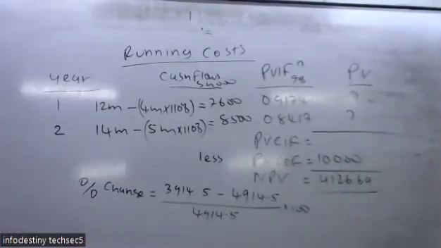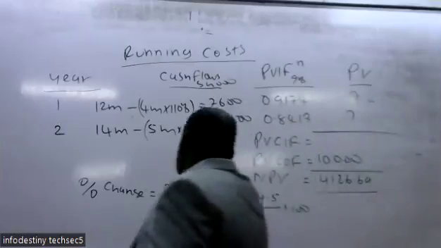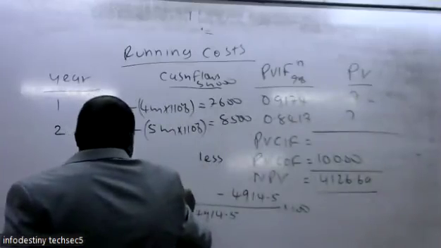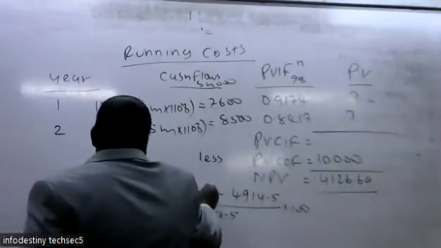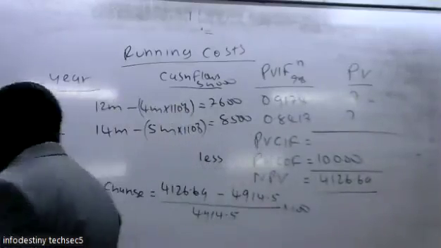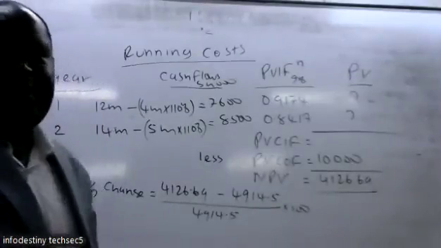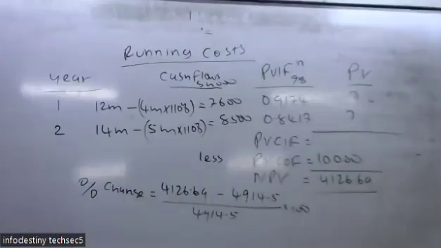So now you get the percentage change again. To get a percentage change, we are changing this one to 4126.69. The other one will remain so that you get now the new percentage change.